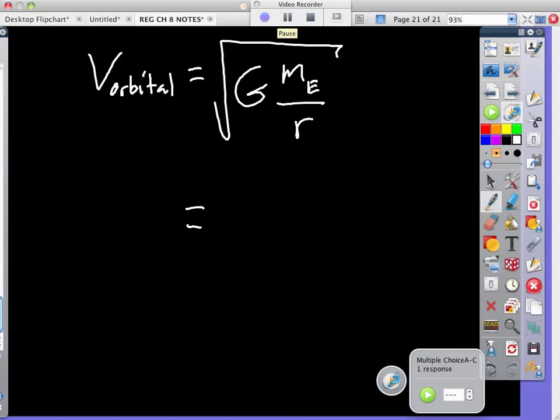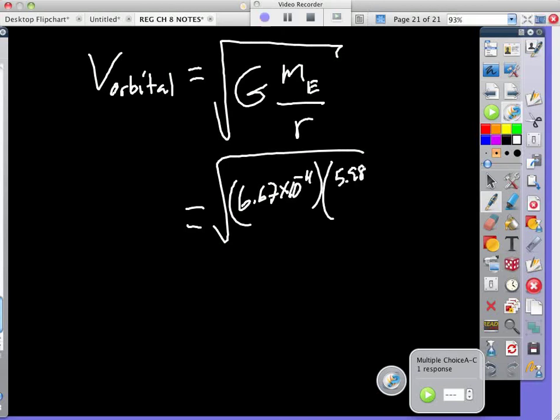Using the equation for the orbital velocity, we're going to get 6.67 times 10 to the minus 11 times 5.98 times 10 to the 24 kilograms over the distance between the moon and the earth, 3.84 times 10 to the 8th meters.